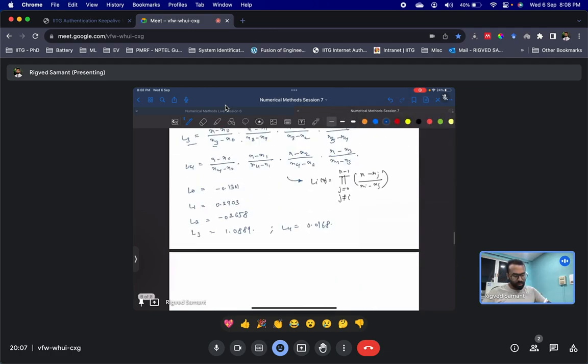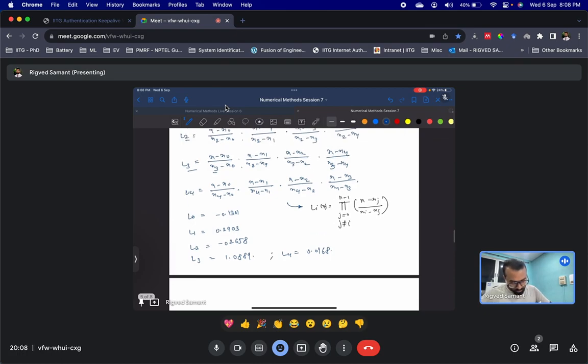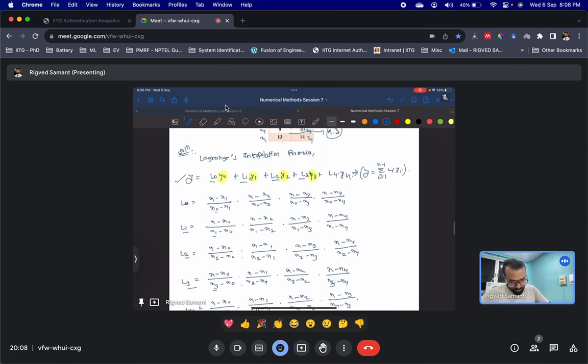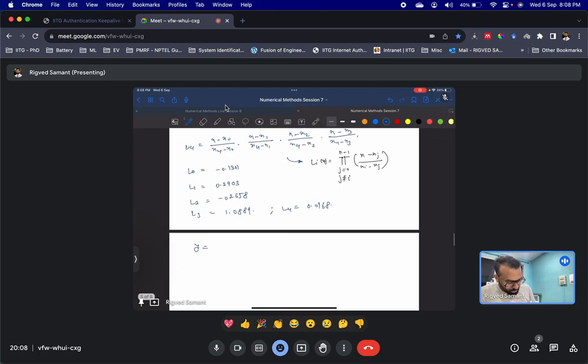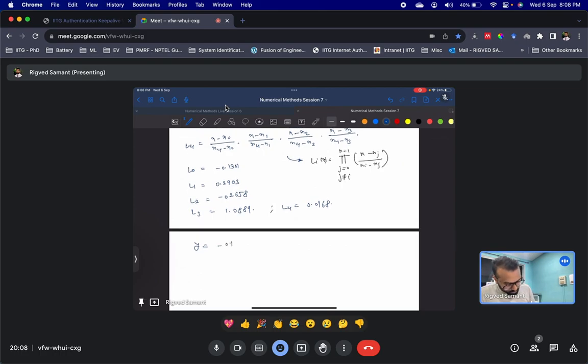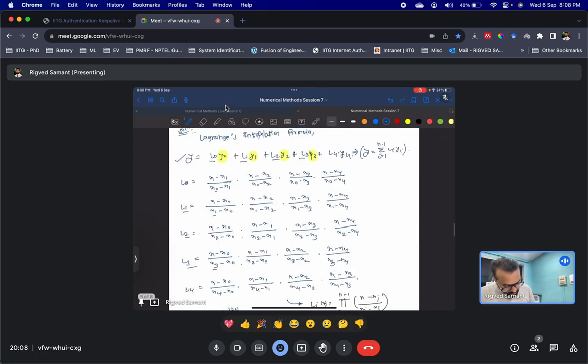If you plug these values L0, L1, L2, L3, L4 in this equation, you will get y is equal to minus 0.1301 into L0 into Y0.